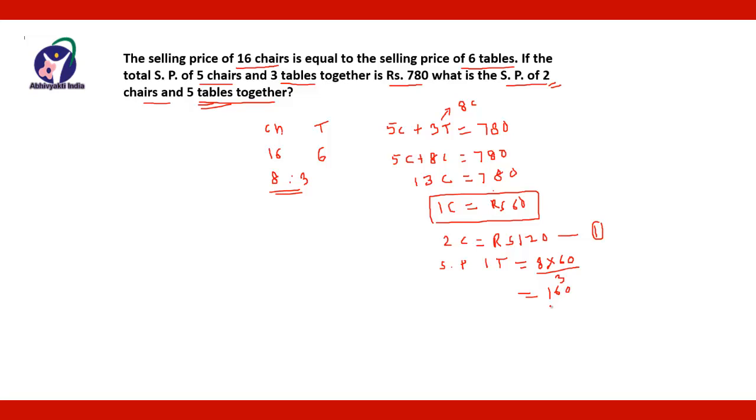So the selling price of 1 table is 160, and therefore the selling price of 5 tables will be equal to 160 multiplied by 5, so that will be equal to 800 rupees.